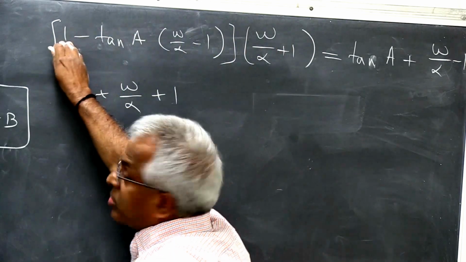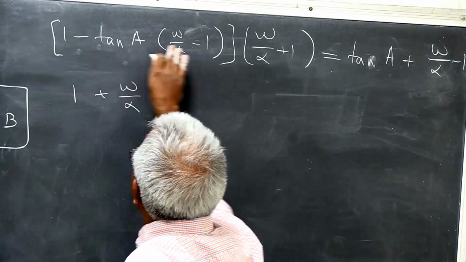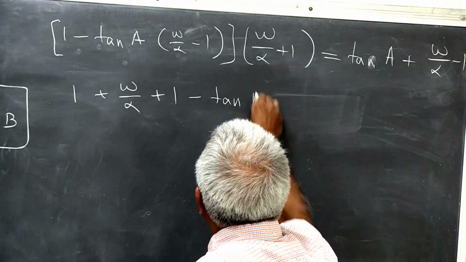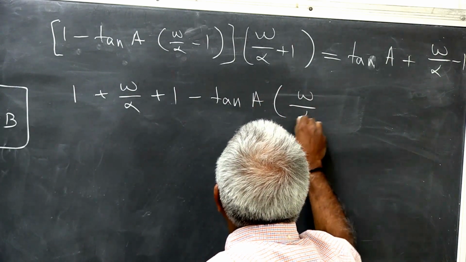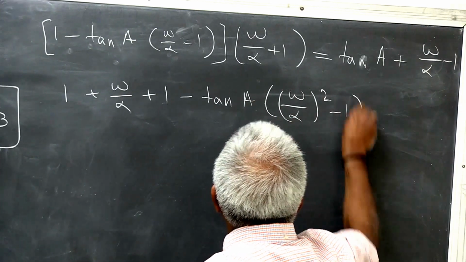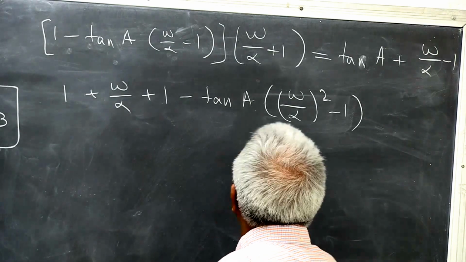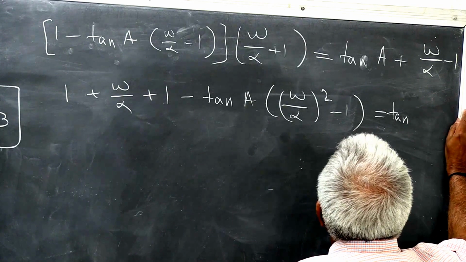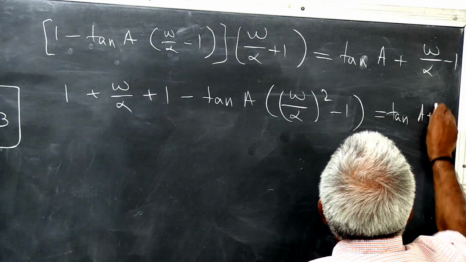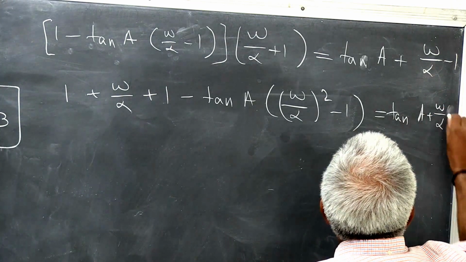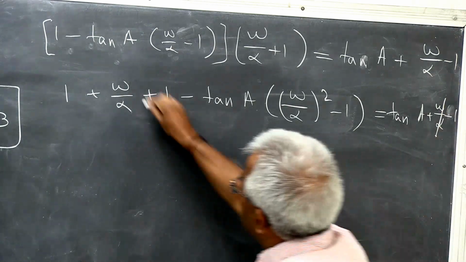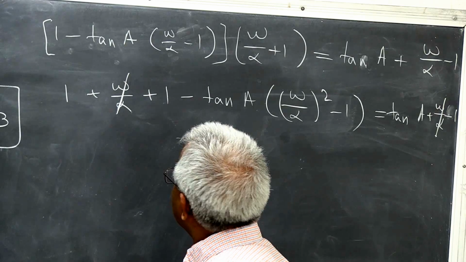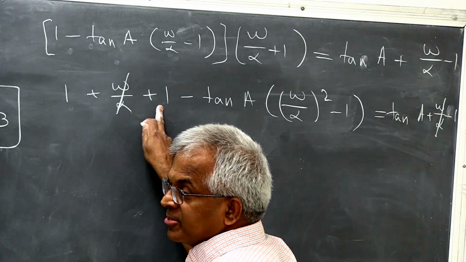I'm going to multiply this with this, so this is minus tan A. So this cancels with this, right?